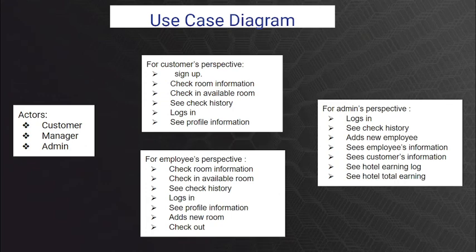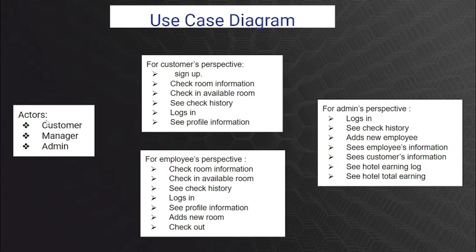It shows external users, called actors of the system, and a set of actions called use cases that users of the system should or should not perform while using the system.